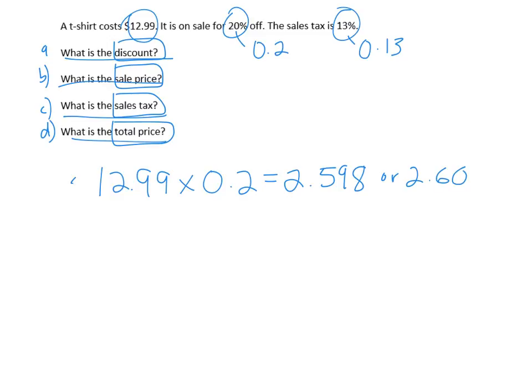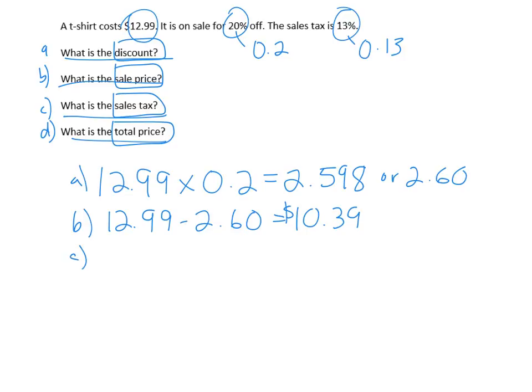Okay, then for B, it's asking me the sales price. Well, I can just take the original price and subtract the $2.60, and I would end up with $10.39. So that answer is B for my sales price.